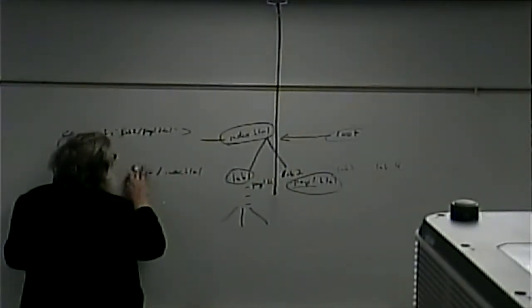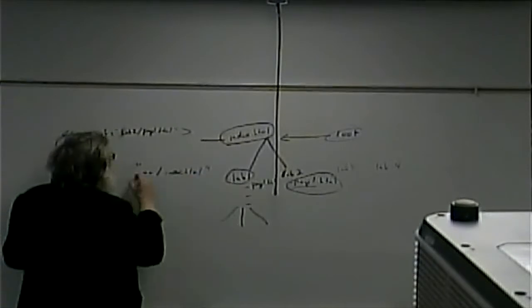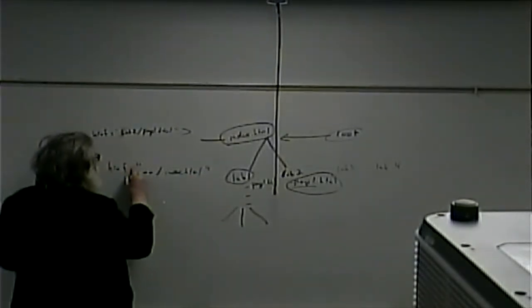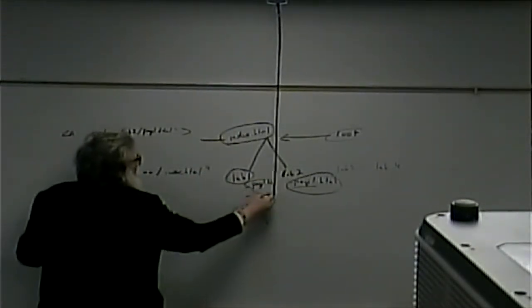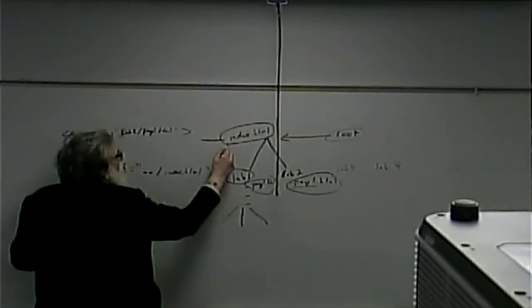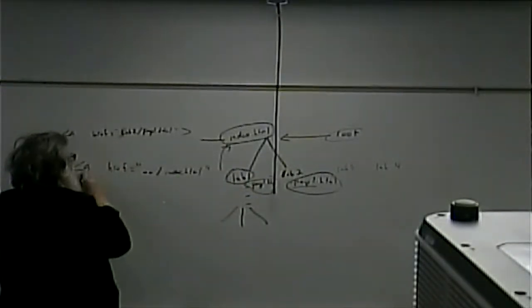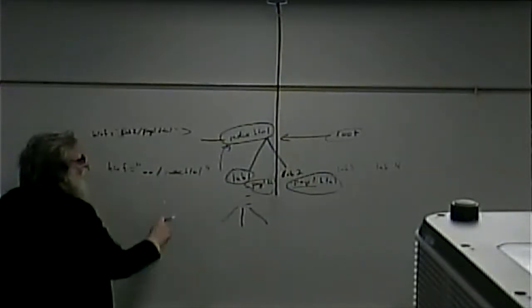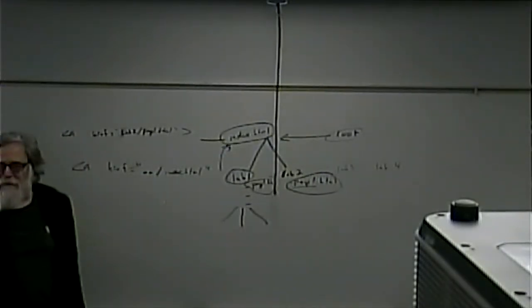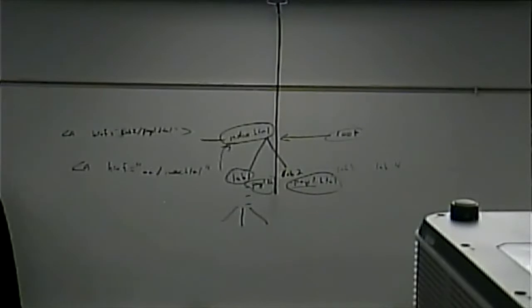So, if I wanted to create a link from this page back up to this page, I would say a href ../index.html. And it's no different if there's more, right?